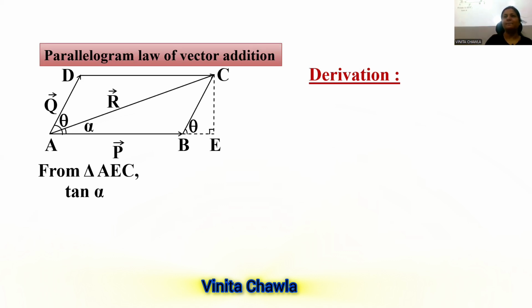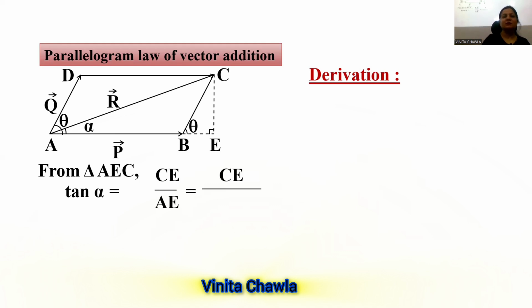Perpendicular is CE and base is AE. So it is CE by AE. What is CE? It's BC sin theta. Cos theta comes where the right angle and the theta angle are together; that side we take as cos.